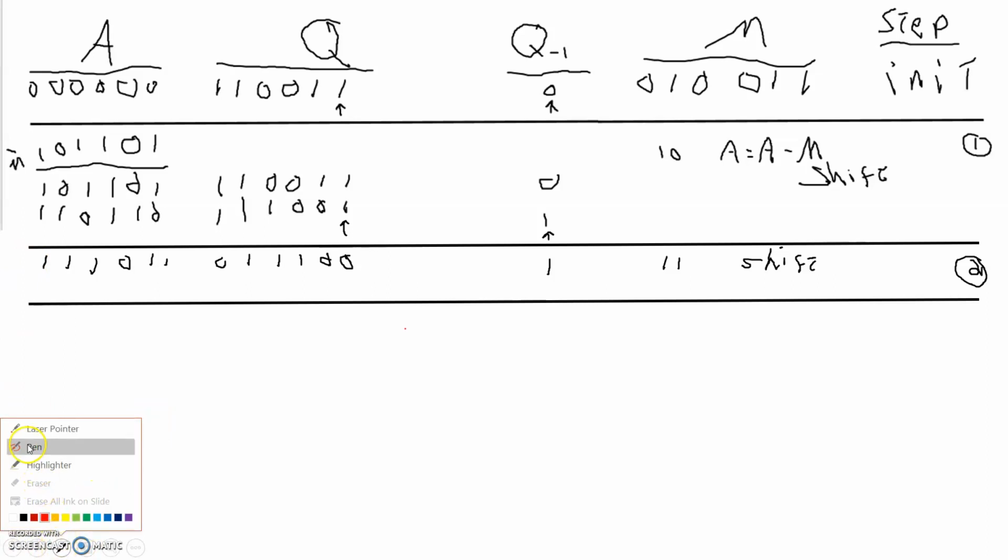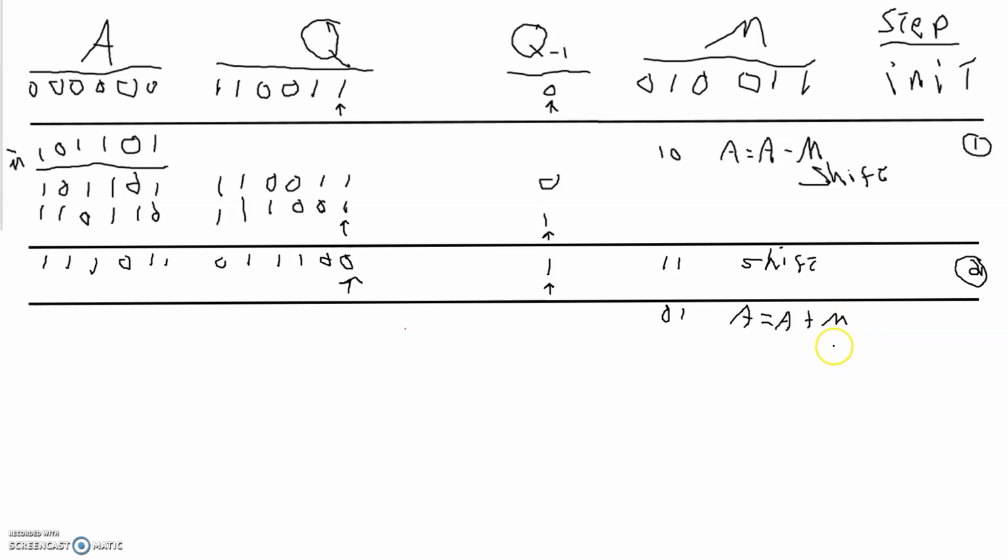Let's go on to step 3. And remember, what we're looking at is the Q0 and the Q minus 1, which in this case is 0, 1. When we have a 0 and a 1, we're going to do A equals A plus M, and then shift.